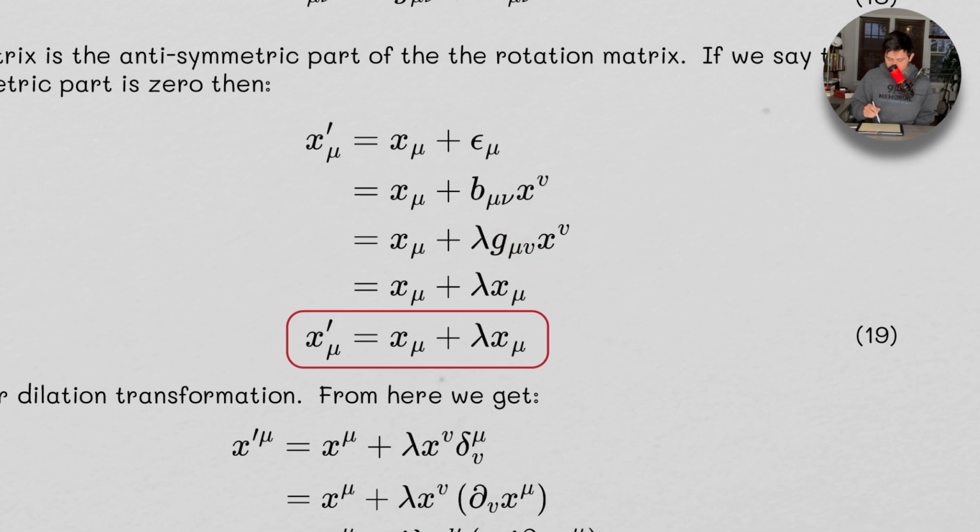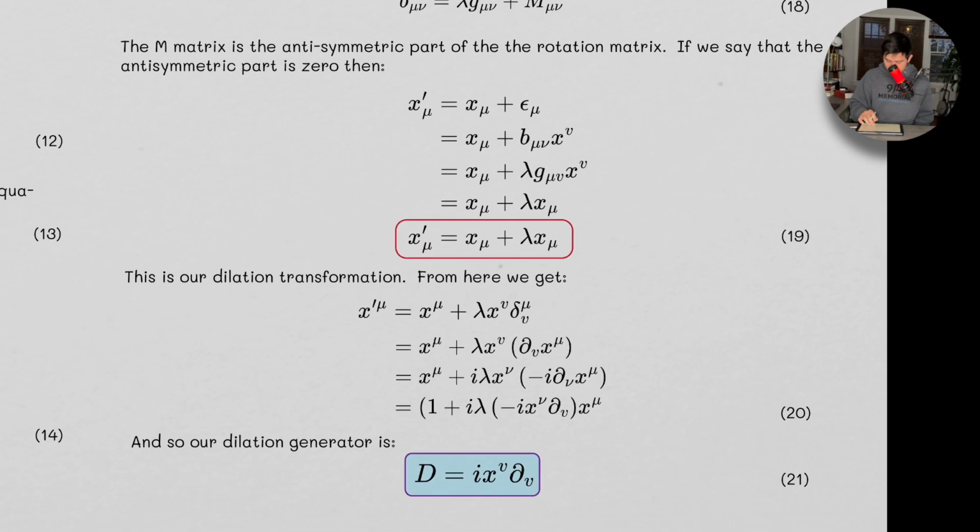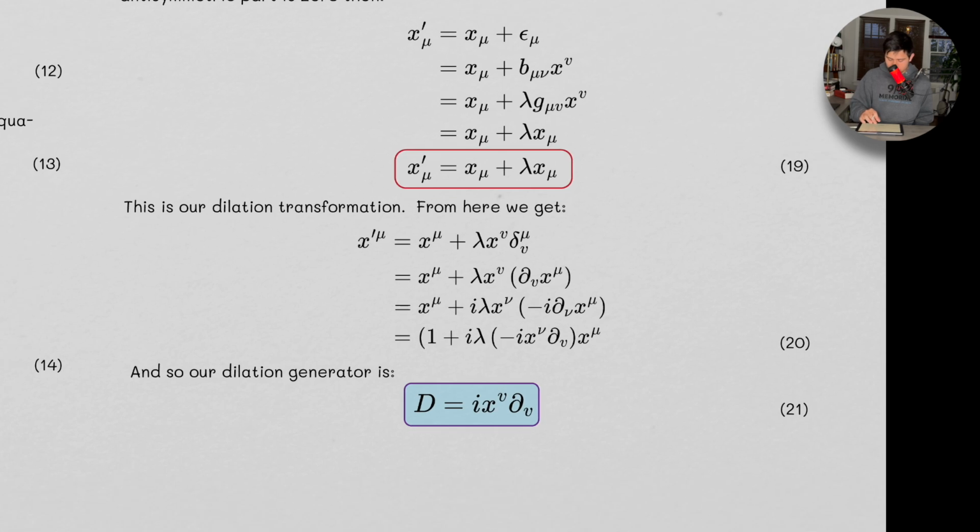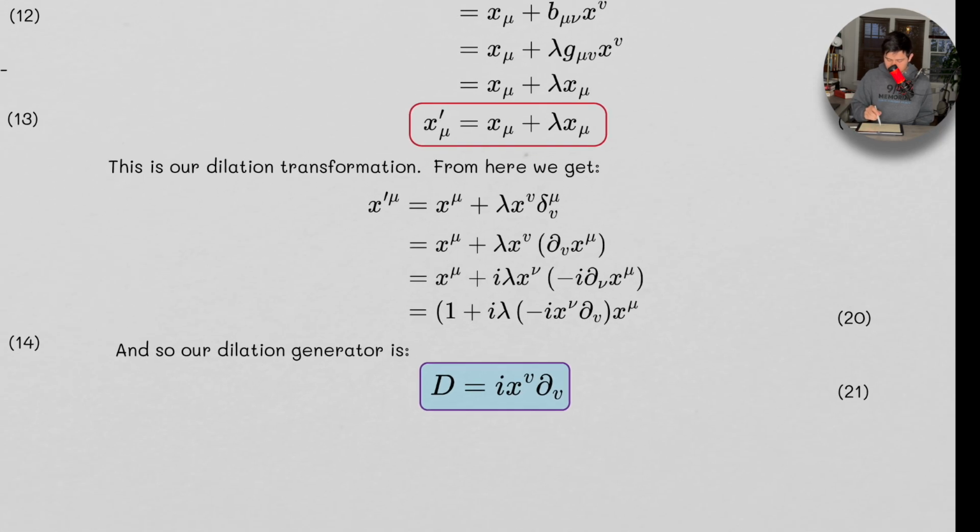And so from here to here, then we're raising and lowering indices, and we get this guy right here. This is dilation. This is our dilation transformation, and from here we get this equation right here.